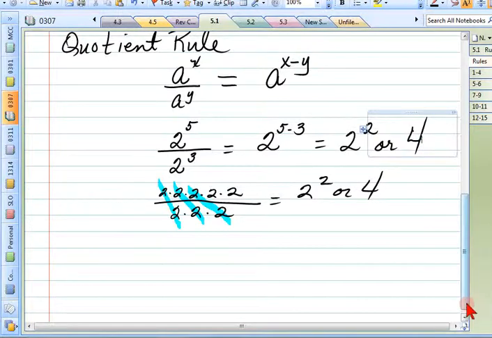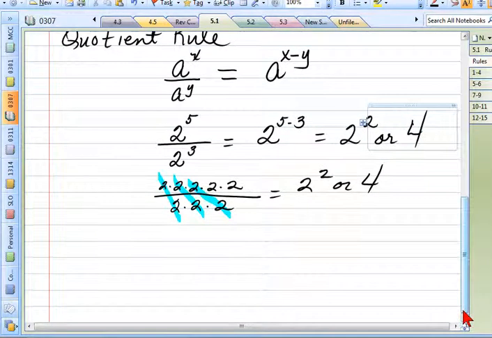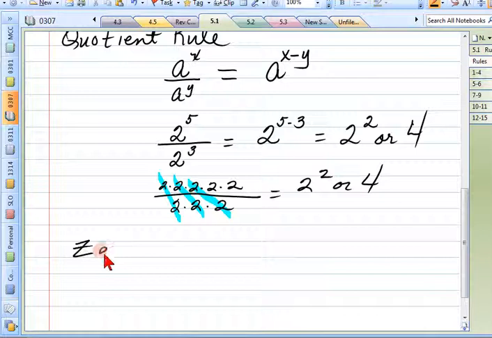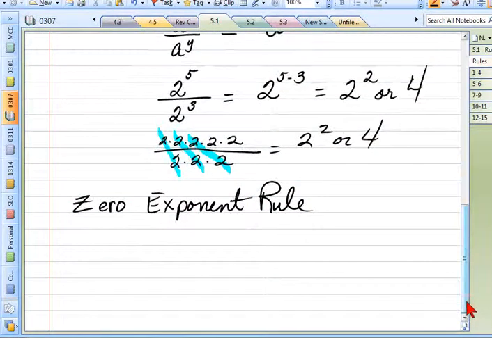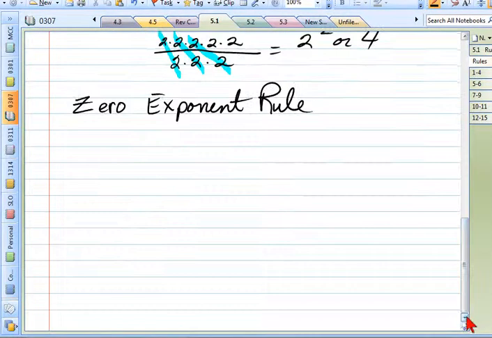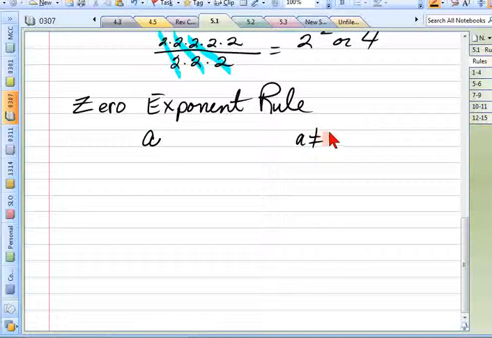You're right. All right. Next rule is the zero exponent rule. And this one says, if you have any base except 0, a is not 0, I have to have that little disclaimer out there, and you raise it to the 0 power, what do you think you'll get?